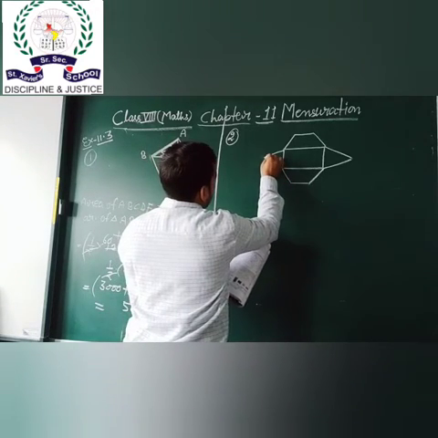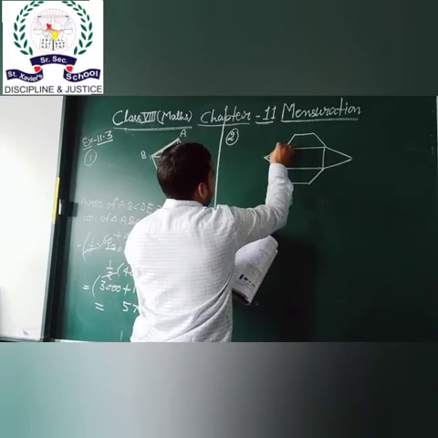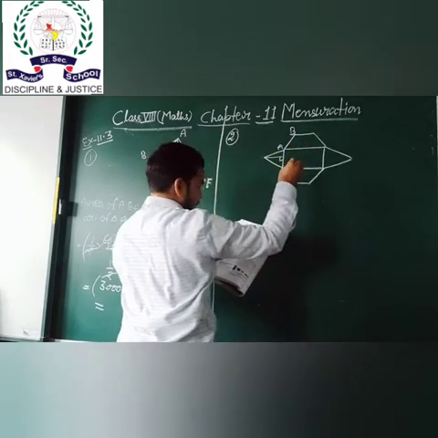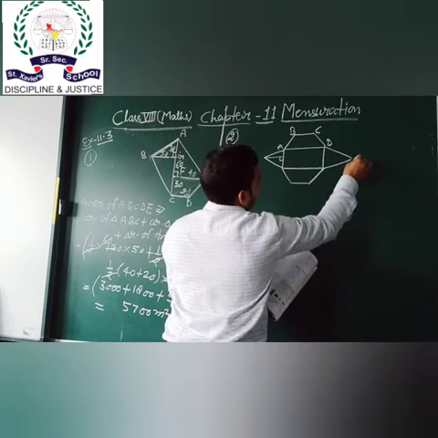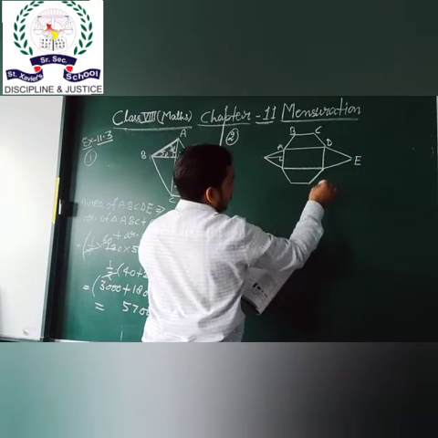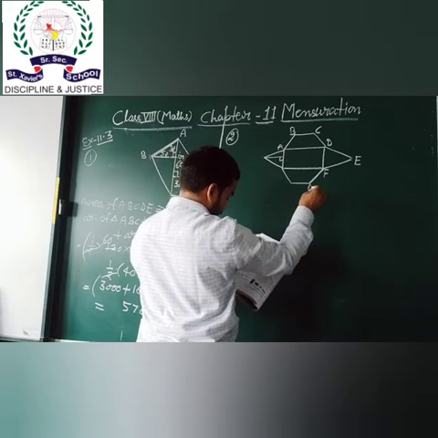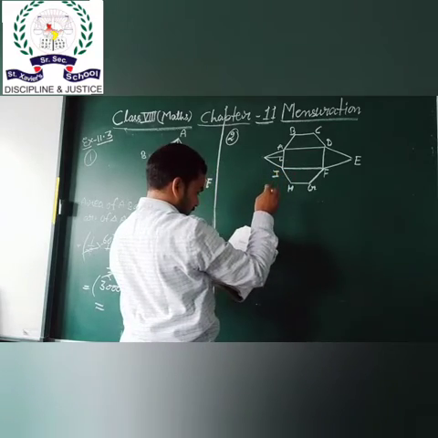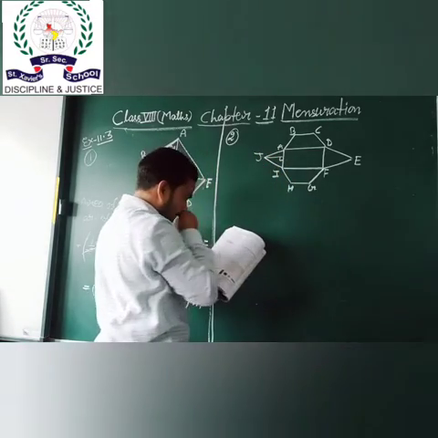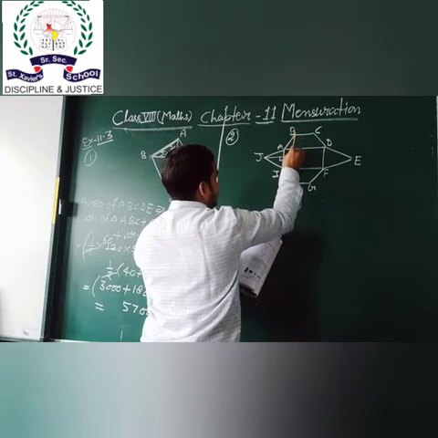JP is the height. So A, B, C, D, E, F, and G, and H and I, and J. BQ is a perpendicular distance.